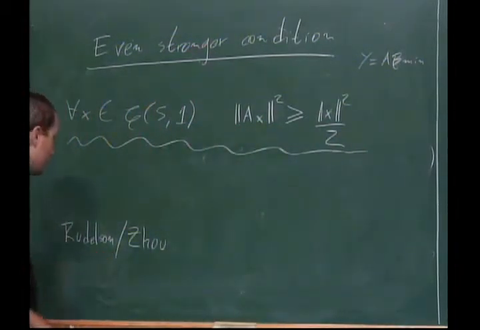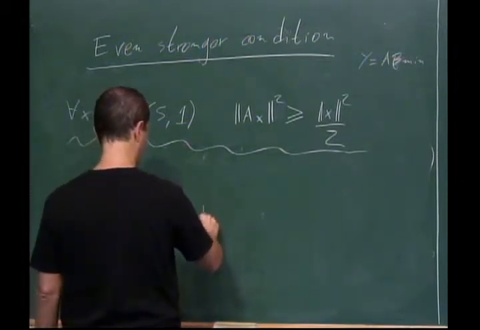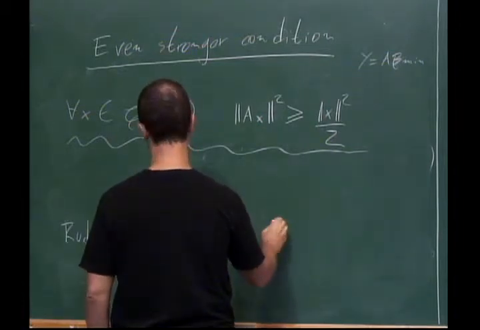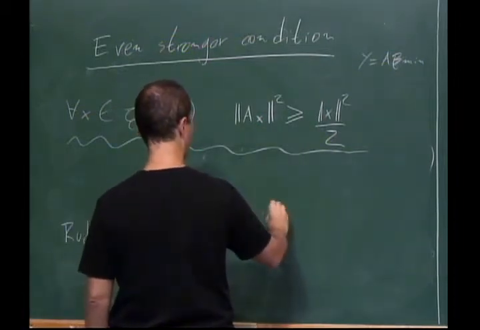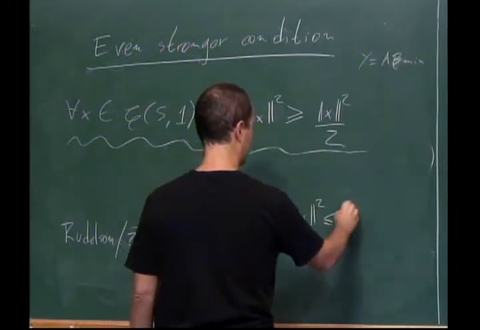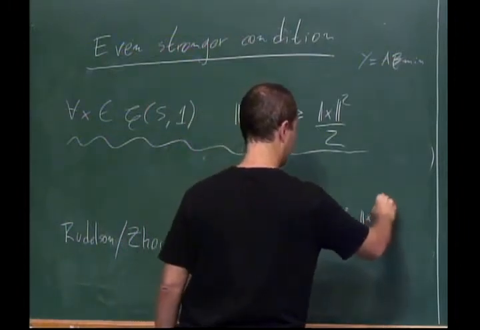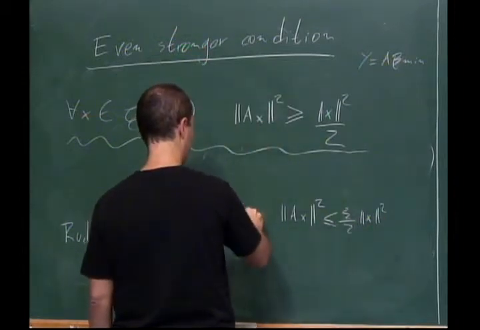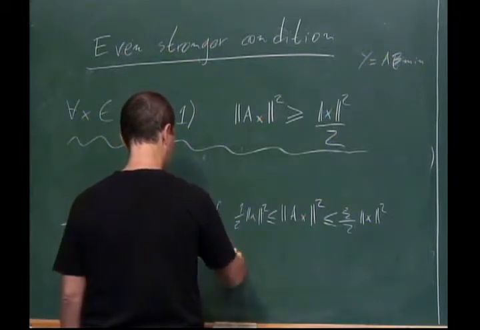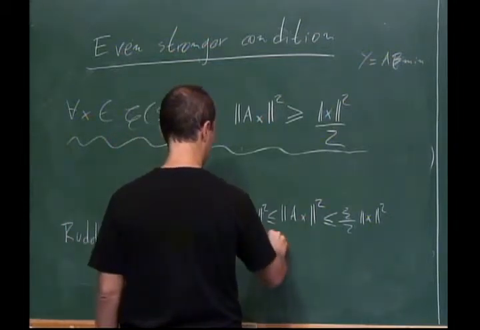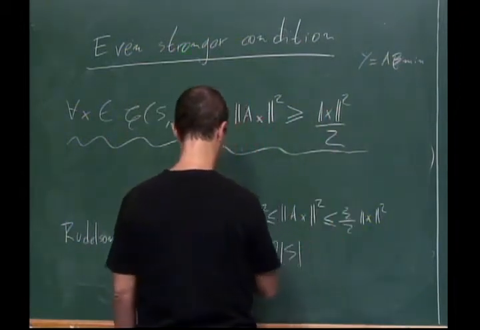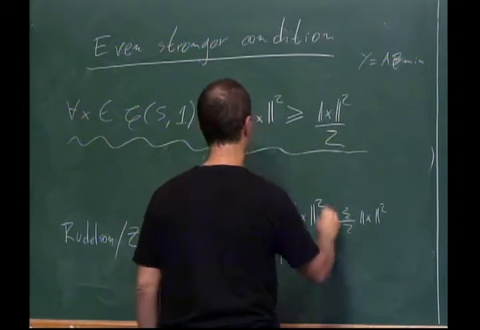And what they show is that if you have that the norm of A times x squared is less than 3/2 the norm of x squared and more than 1/2 the norm of x squared whenever the L0 norm of x is less than 10 times the size of S, then you get this condition here.